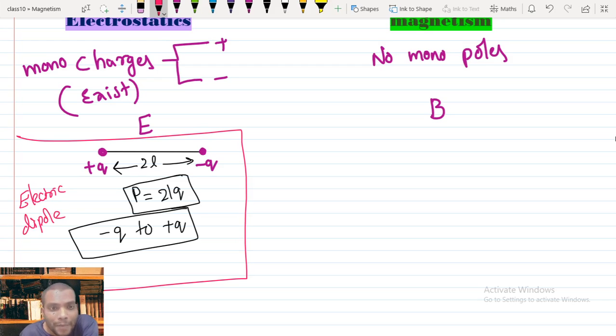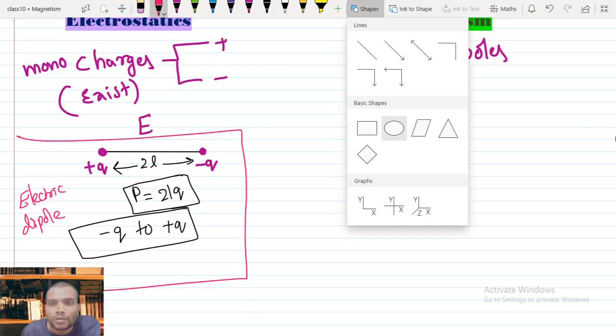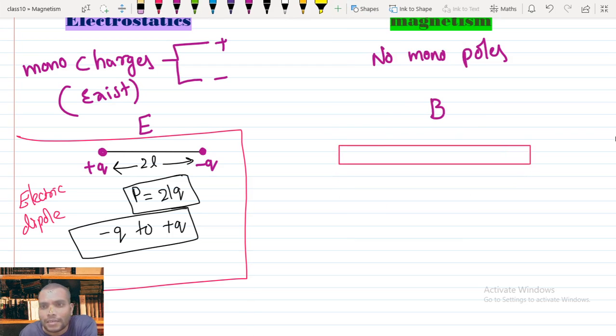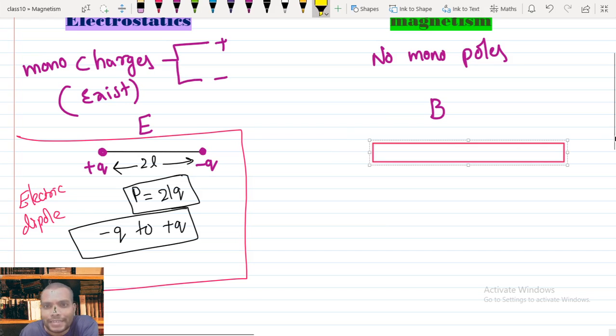So when it comes to magnetism, this is the basic element. In magnetism, we are having a bar magnet, which is also known as magnetic dipole. This is known as magnetic dipole, which is having two poles, north and south. If we represent dipole moment P in electrostatics, in magnetism we used to represent that with little m.